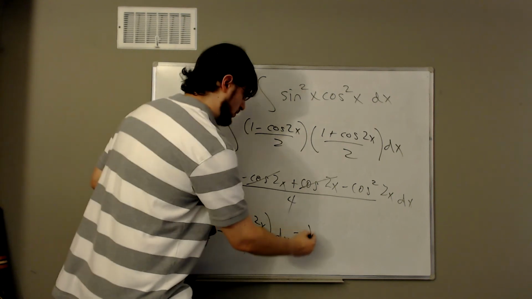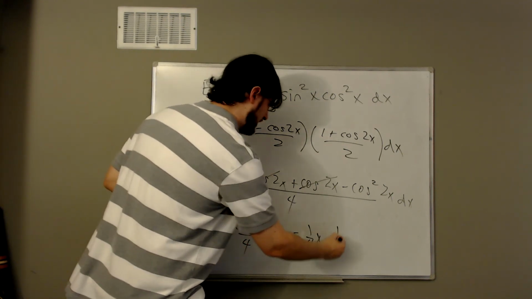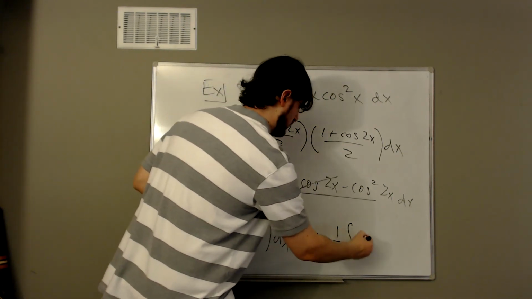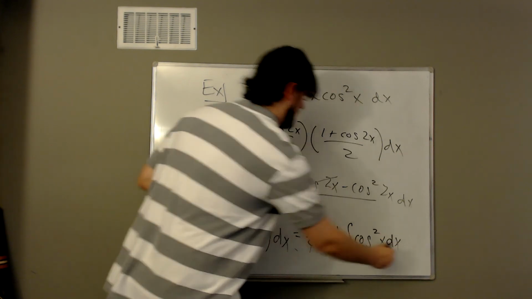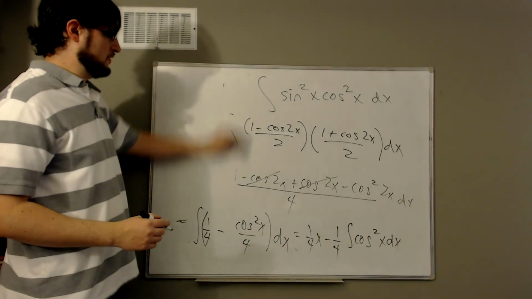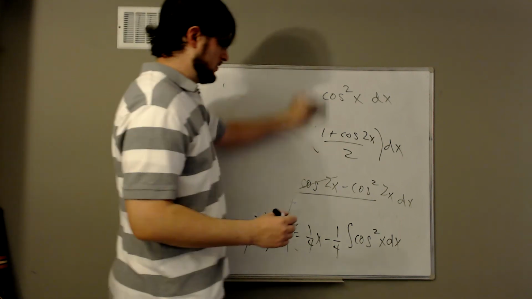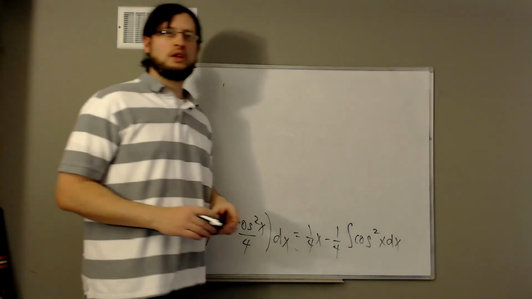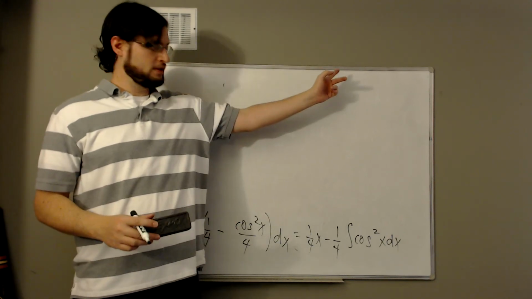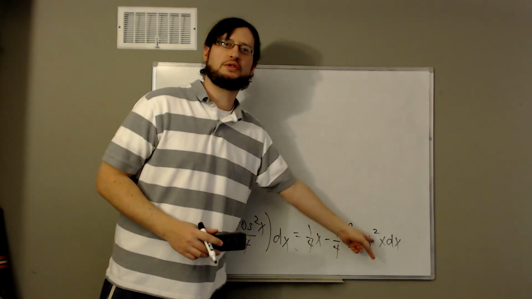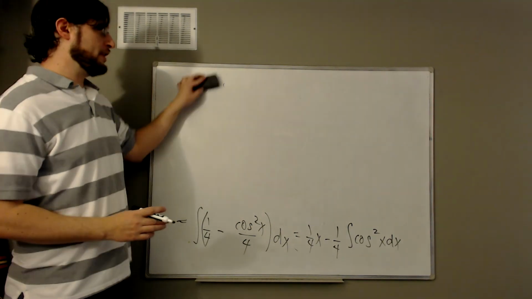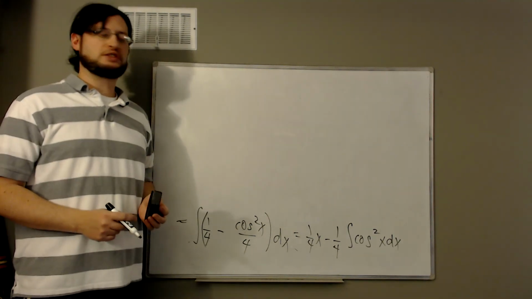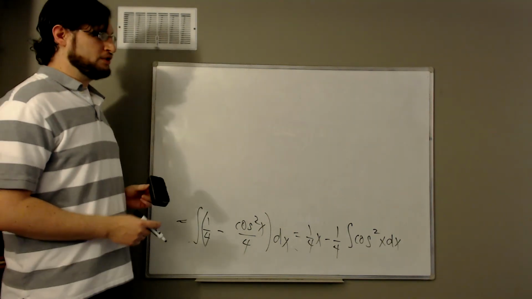Well, that's 1/4 x minus 1/4 integral cosine squared 2x dx. And so we've managed to simplify our integral from sine squared cosine squared down to just finding the antiderivative of cosine squared. But that's exactly analogous to finding the antiderivative of sine squared, which we did just a minute ago.